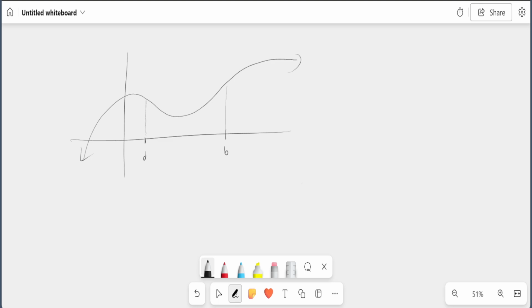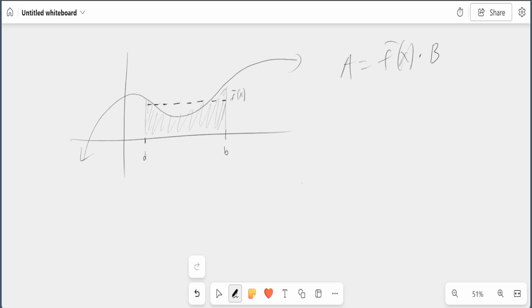I guess the average will be like somewhere here. And so the area of the function is equal to the average value times the distance, which I'll put as capital B, right? So the average value is the rectangle that you can create so that it equals the area of a function.